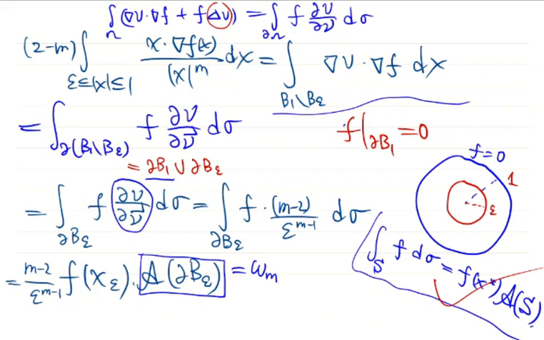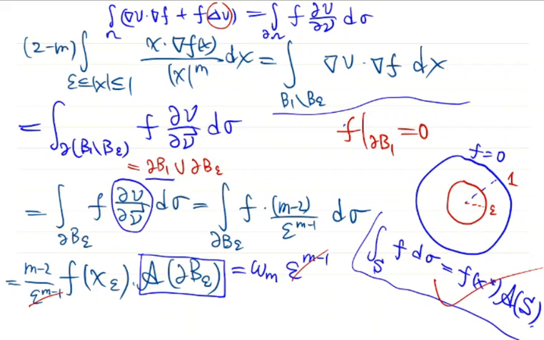Maybe we have not proved this, but for the area of the surface we have a definition, and using the definition it is not difficult to get this result. So using this result, the epsilon to the m minus 1 can be cancelled.